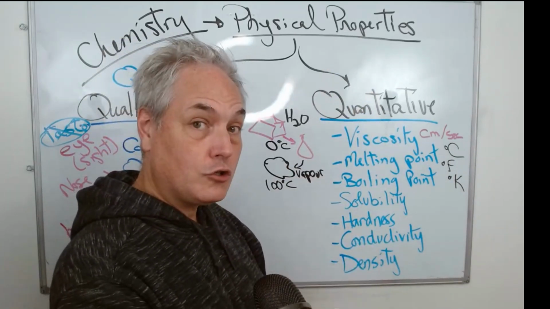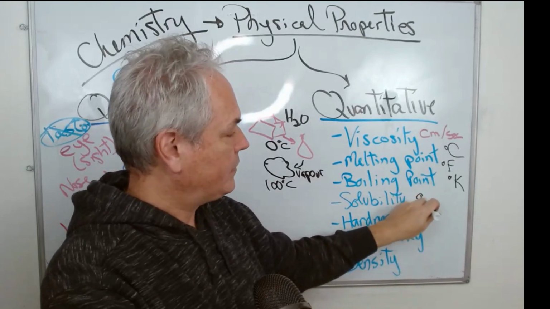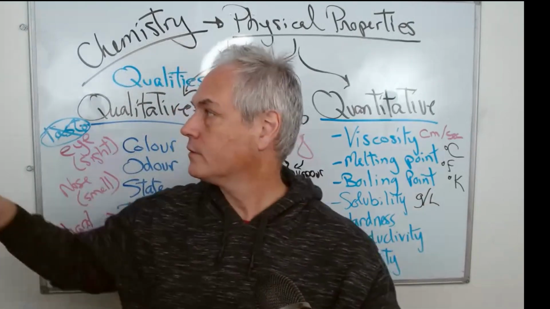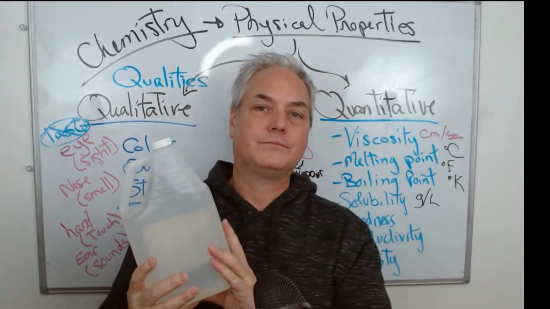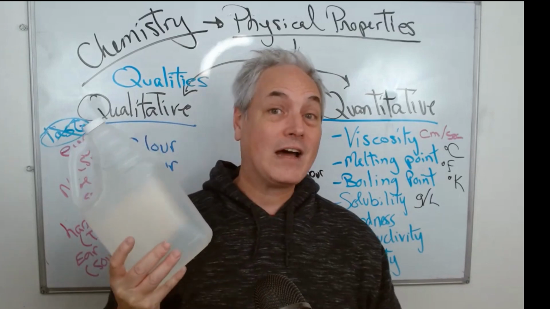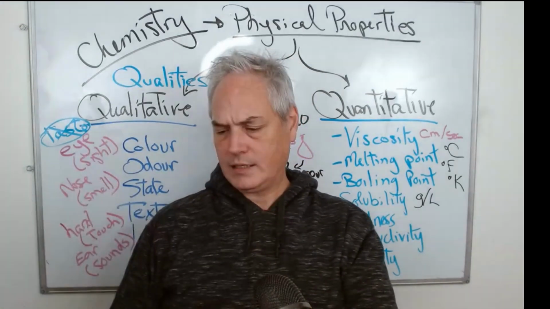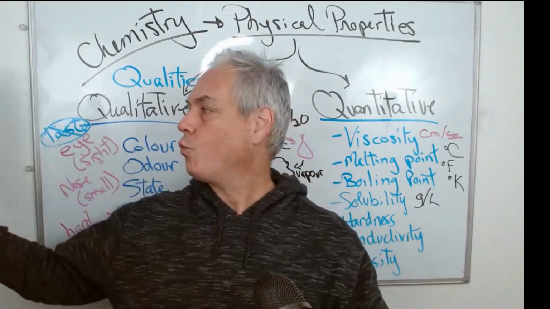Another one will be solubility. An example for solubility would be grams per liter. Here, if you have vinegar in water, it is 5% acetic acid in water.